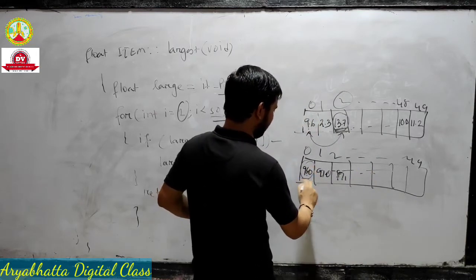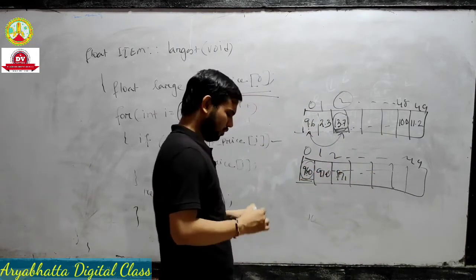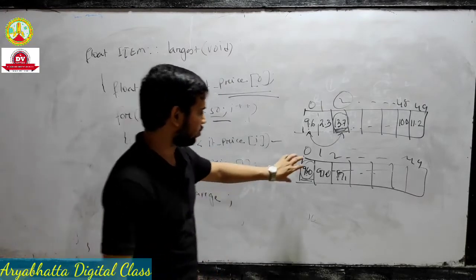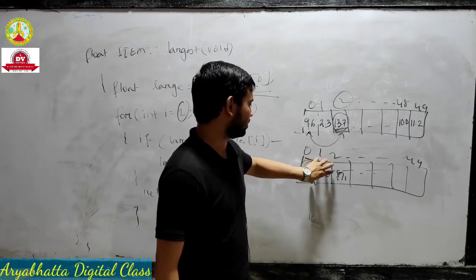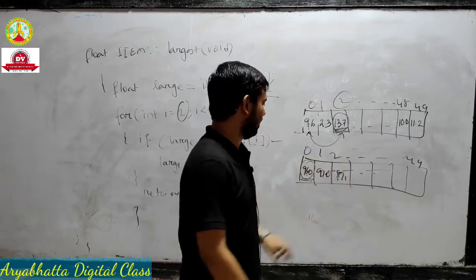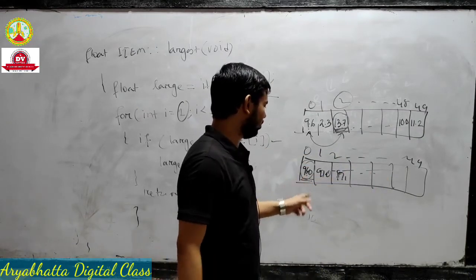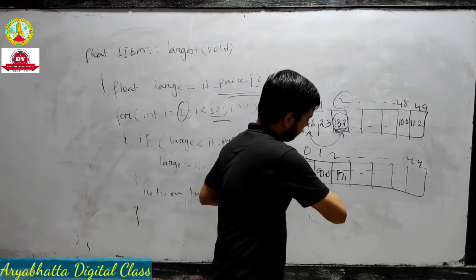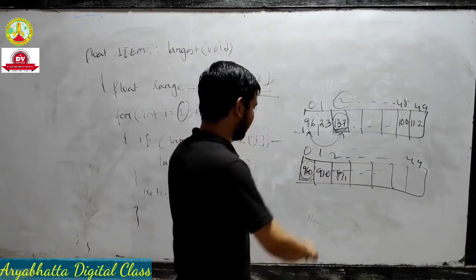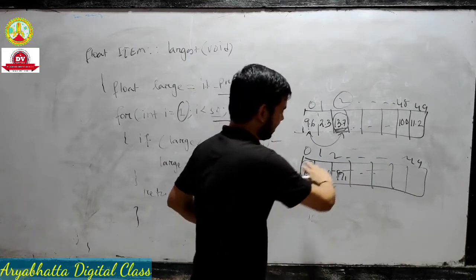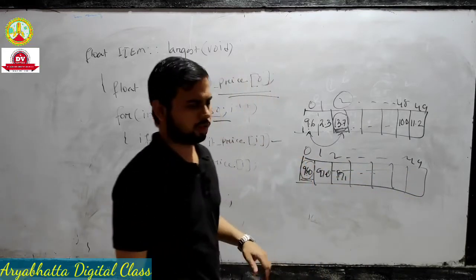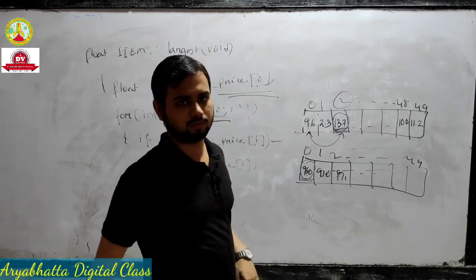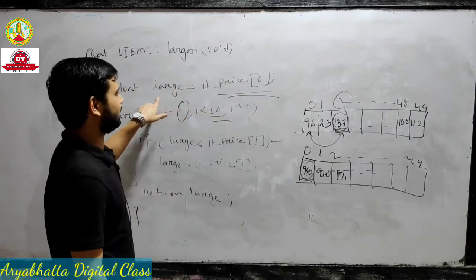Then also you have to compare the first value you assumed with the other values, and the first value will be greater than all the other values, which means the first value is the largest.